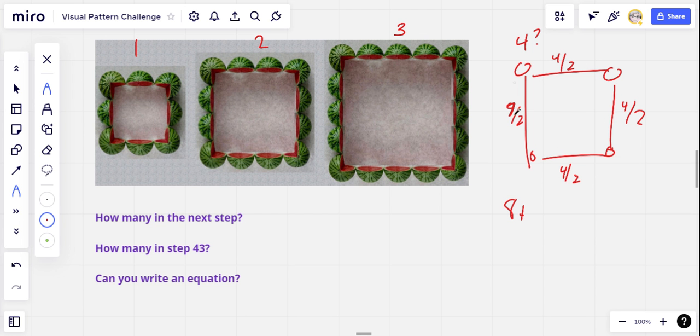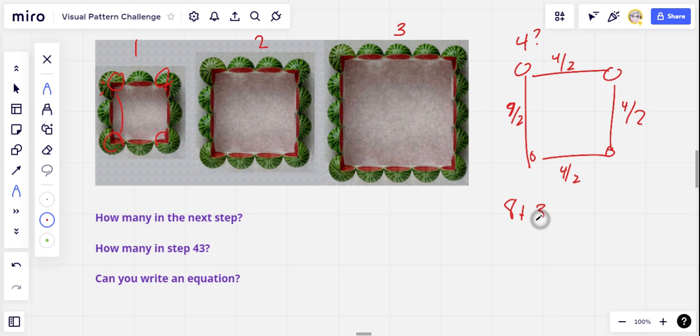And then how about these 4 3/4 watermelons? Well, one way to think about it, you could start splitting these up. If I took a quarter off of this one and put it into this one, that'd be whole. And then if I took a quarter off of this one and put it into this one, that'd be whole. And then I'd have those 2 halves left. So 2 wholes and then 2 halves, so there'd be 3 wholes.